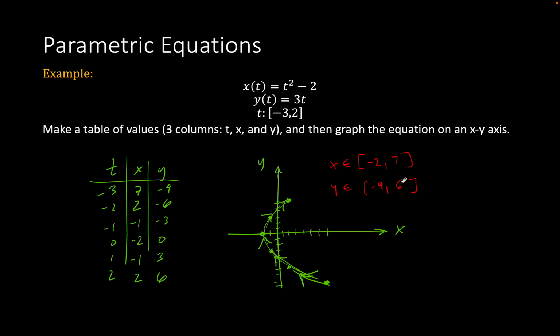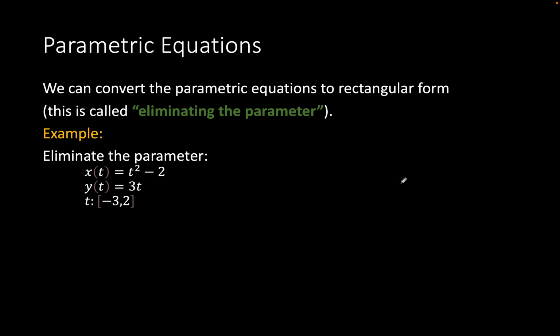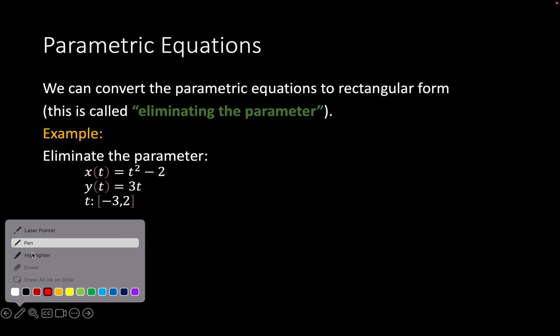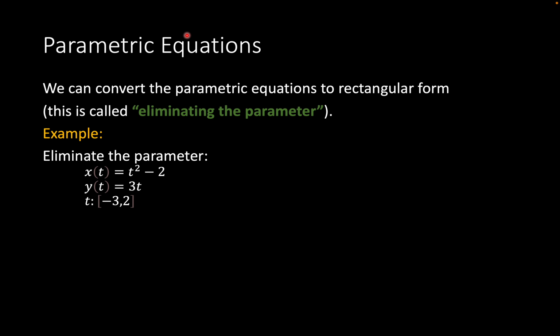All right. So this parametric equation can also be changed into a rectangular form, meaning we can express y as a function of x. We call this process eliminating the parameter.